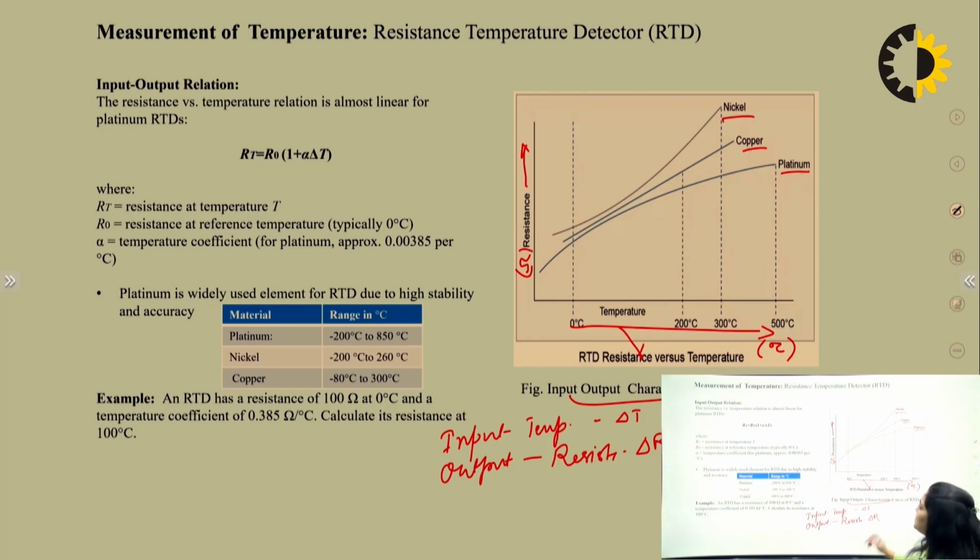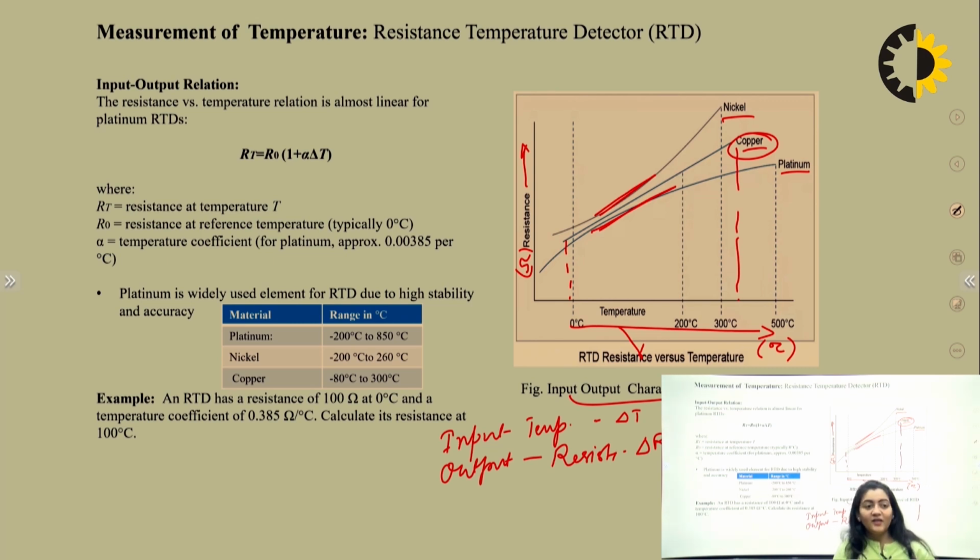The most linear one is copper, but copper has a very limited range, because it cannot be used to measure beyond 300 to 400 centigrade. So if your range is within the range of copper, then you can use copper. Nickel and platinum are very much linear in some range, but not in the whole range, as you see.